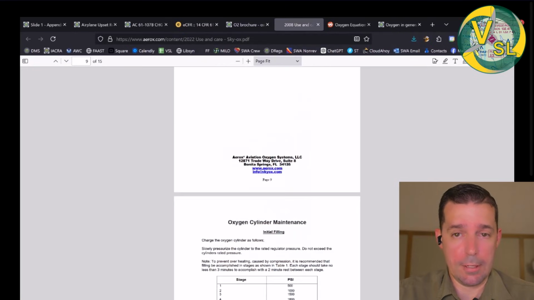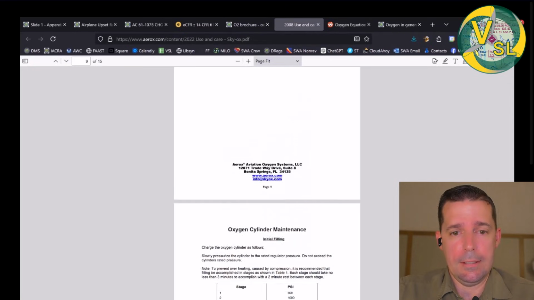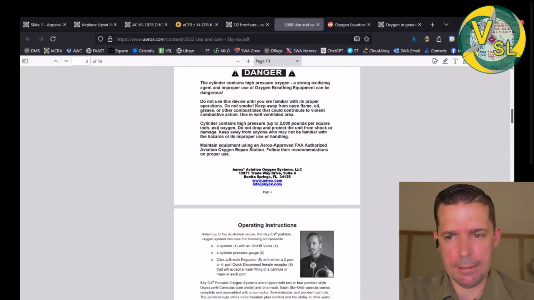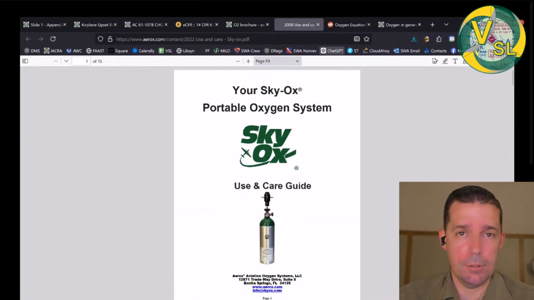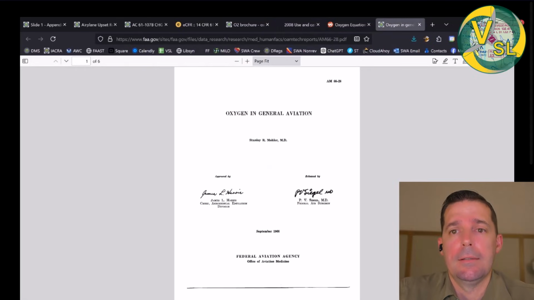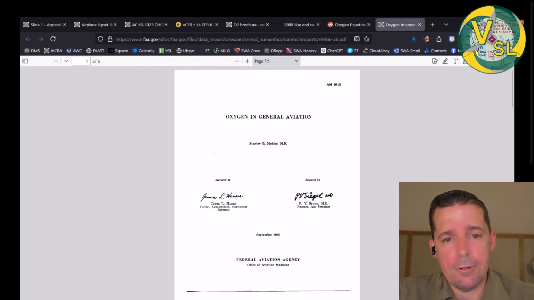The O2 brochure will be on there. And then I went ahead and posted a link to the AirOx or SkyOx system so you can see an example of that. And then Oxygen in General Aviation.